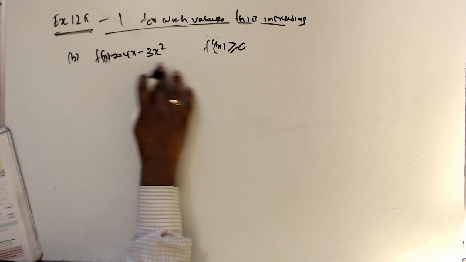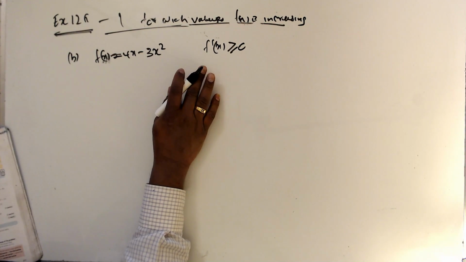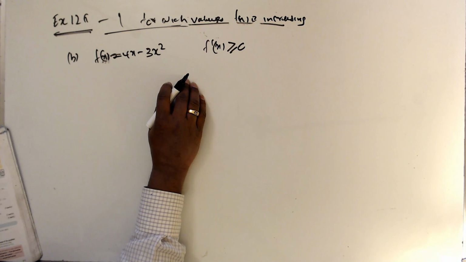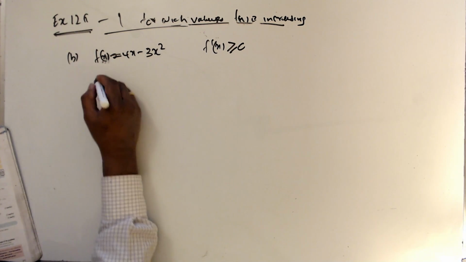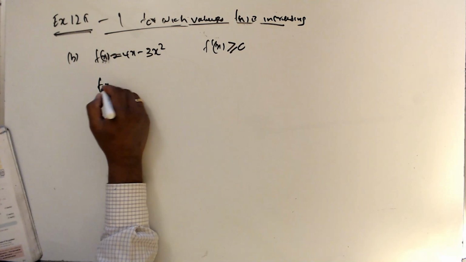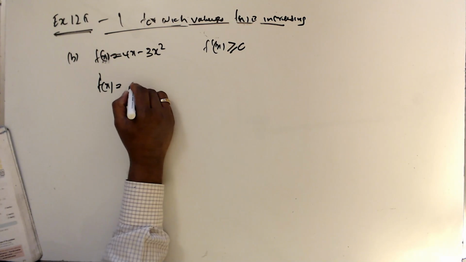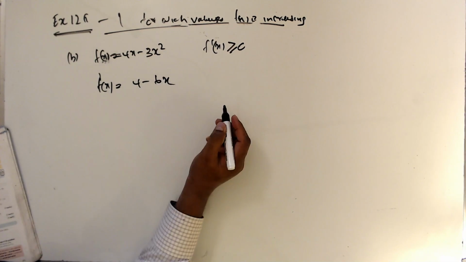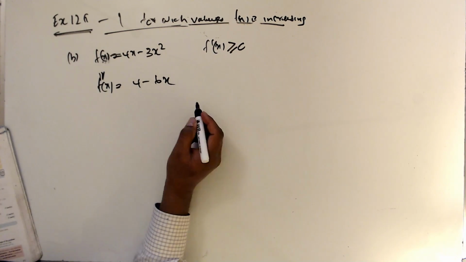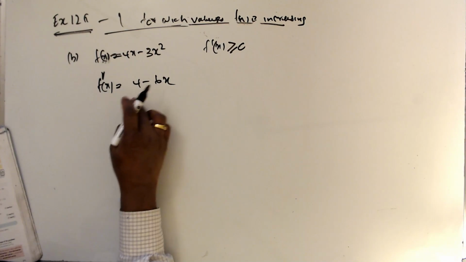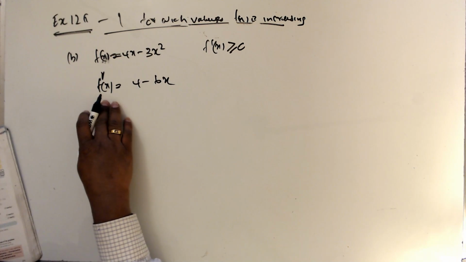Now we want to find, for part 2, for which values f'(x) is greater than 0. Now f'(x) is 4 minus 6x.